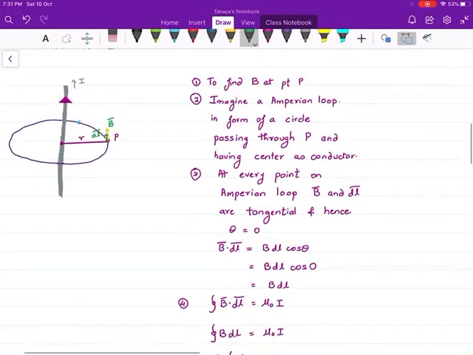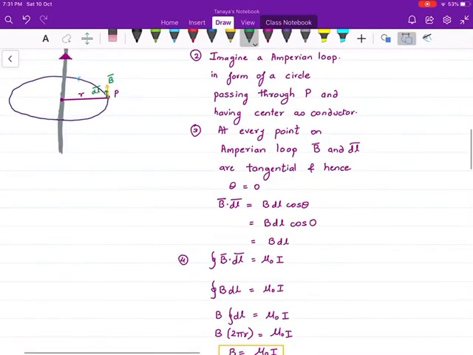So if theta is the angle between B bar and dl bar, theta is equal to 0. So what will I get? B bar dot dl bar, the scalar product of B bar and dl bar, is equal to B dl cos theta. And theta is 0, so I'll get B dl cos 0, and cos 0 is 1. So B bar dot dl bar will be just B dl.